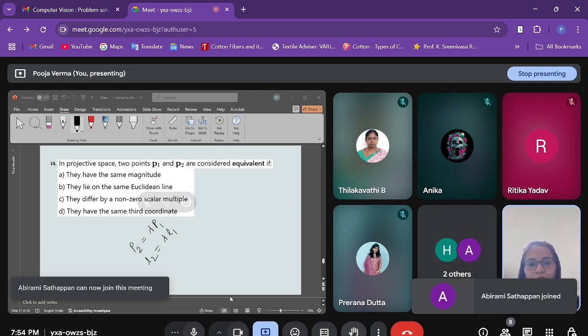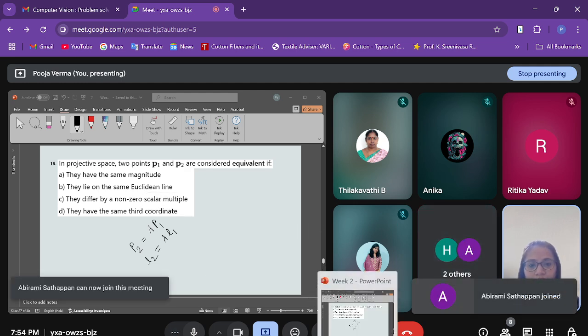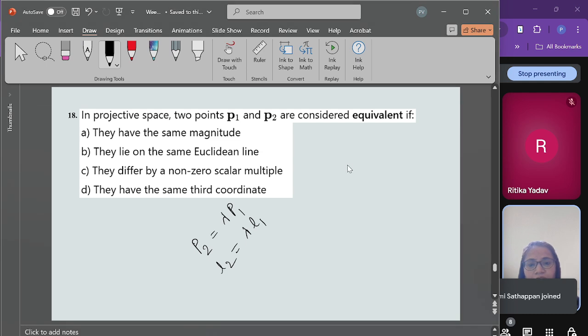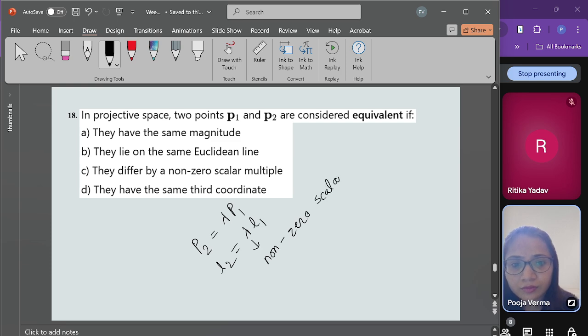So they will differ by a non-zero scalar multiple. So in the projective space, 2 points P1 and P2 are considered equivalent if they differ by a non-zero scalar multiple. So option C is the correct answer for this question.